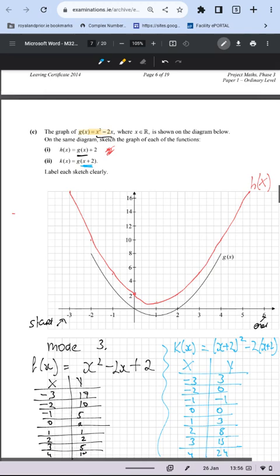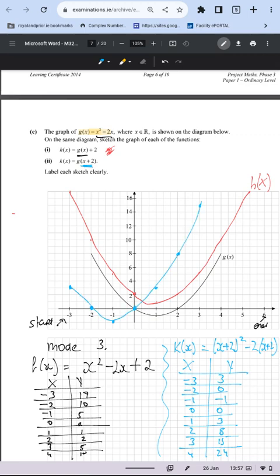So minus 3, 3, minus 2, 0, minus 1, 0, 0, 1, 3, 2, 8, 3, 15, and then we're out of it. Smooth curve once again, and label it there, k of x.